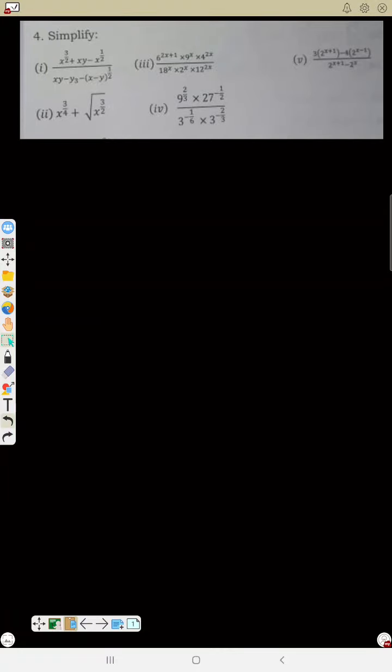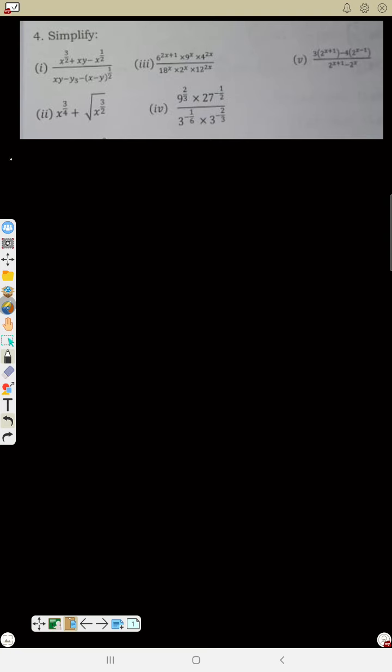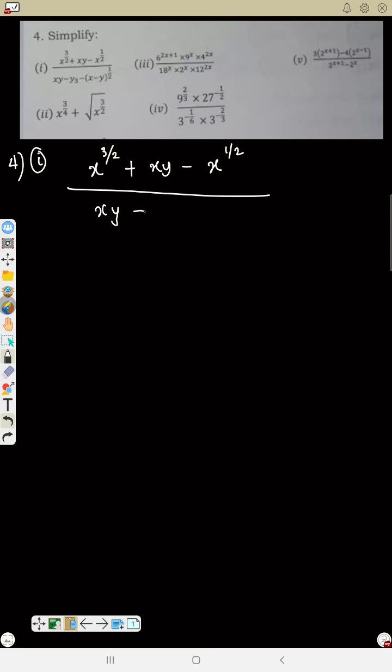Now let's solve more problems. So this is number 4. Now simplify s raised to power 3 over 2 plus xy minus s raised to power 1 over 2, divided by xy.